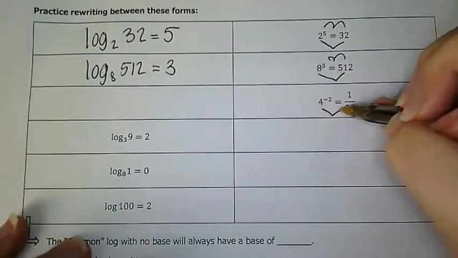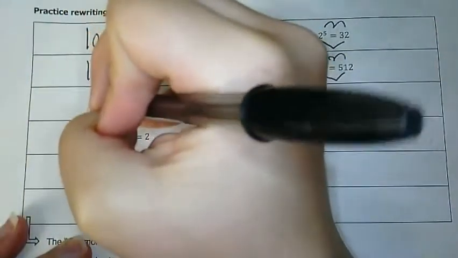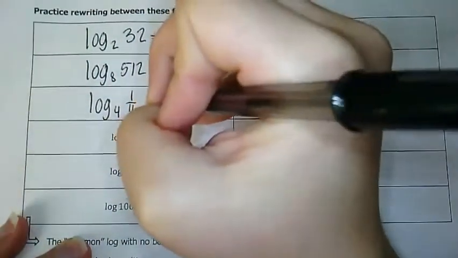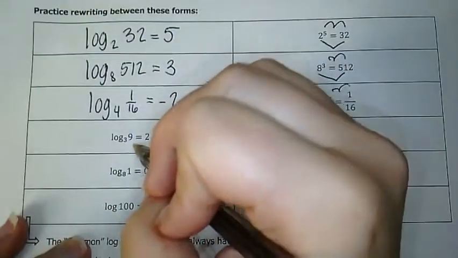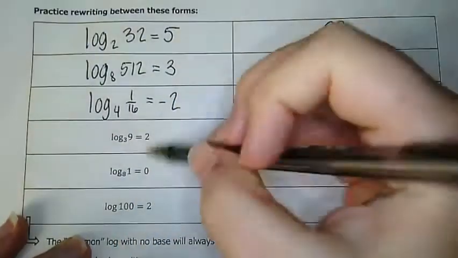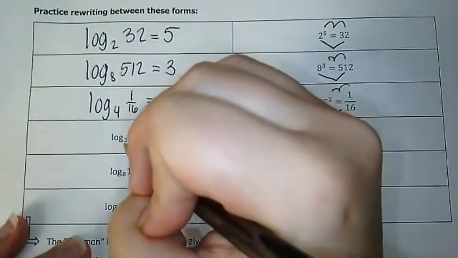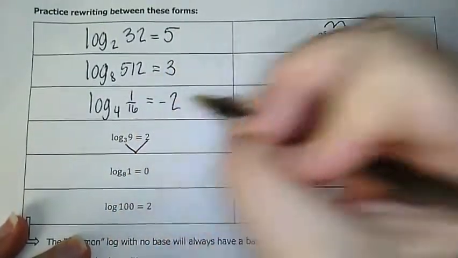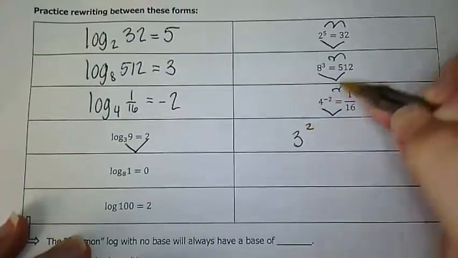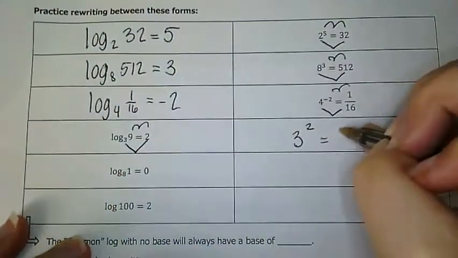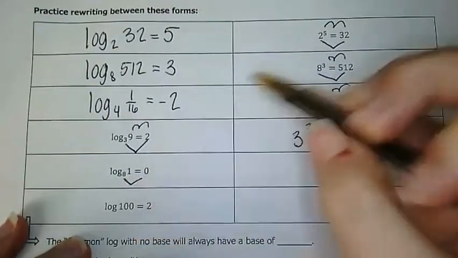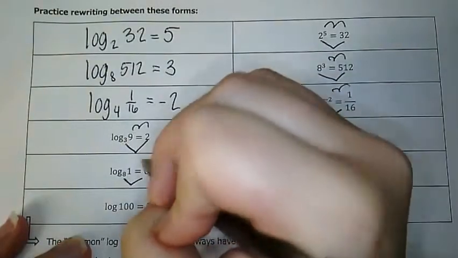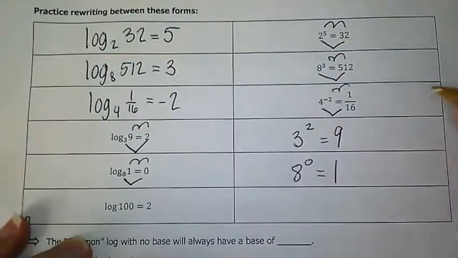Log base 4 of 1/16 is equal to -2. Now we want to make them into exponential form. So 3 raised to the power of 2 is equal to 9. 8 raised to the power of 0 is equal to 1.